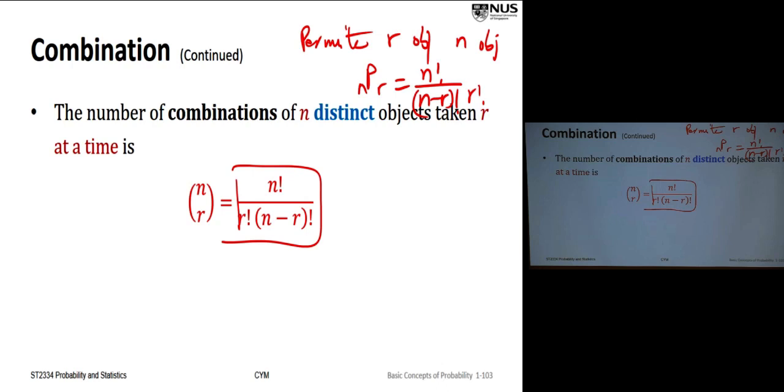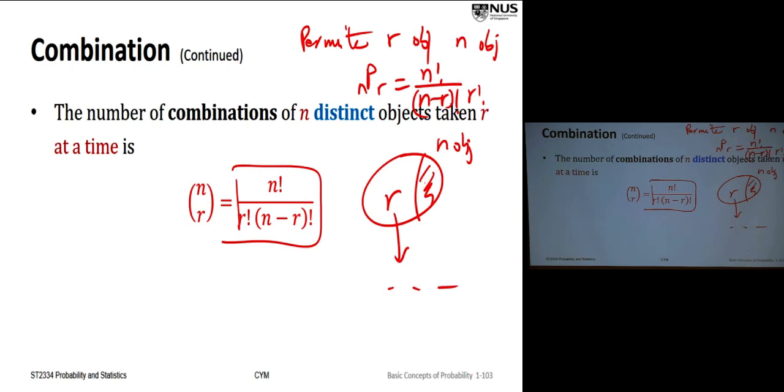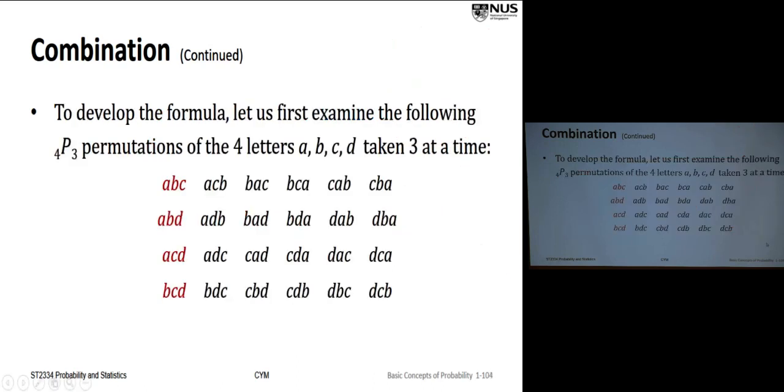Okay, let me repeat it again. You have N objects here, right? You take out R objects. The remaining ones stay here; you take out these objects and arrange them. How many ways can you arrange them? N factorial over N minus R factorial. It's the number of arrangements. But to me, I don't care about the order.